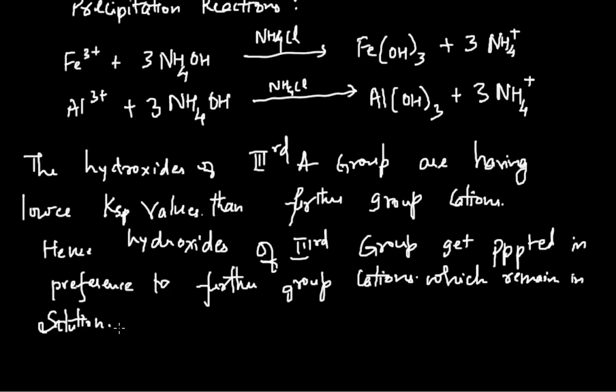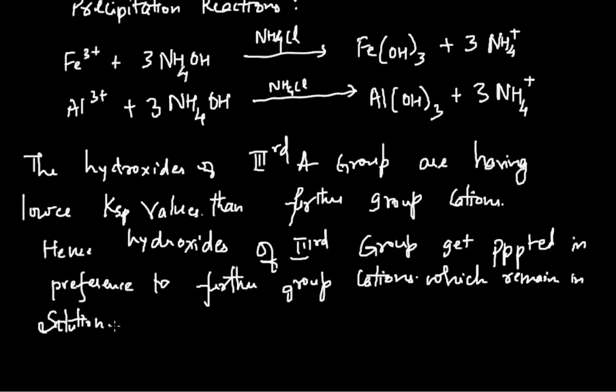Why do we add NH4Cl? So listen carefully. The hydroxide precipitates of third A group are having low Ksp values, which means the amount of hydroxide ion required for precipitation of these cations is very less. Hence, ionization of NH4OH, ammonium hydroxide, is carried out in presence of ammonium chloride, which gives ammonium NH4 plus as a common ion.